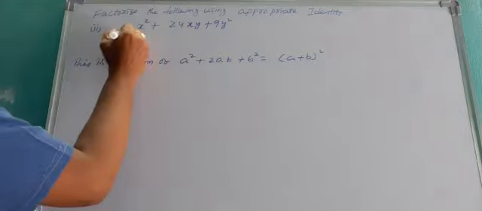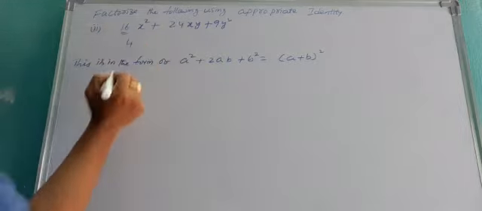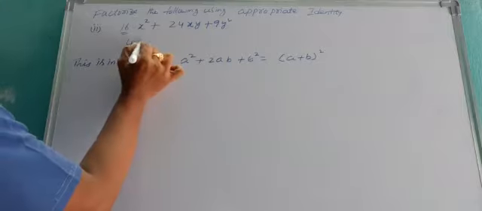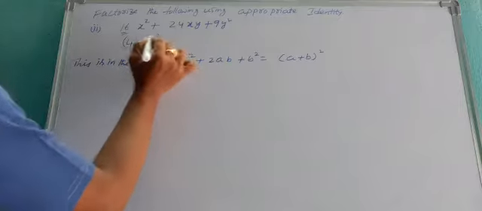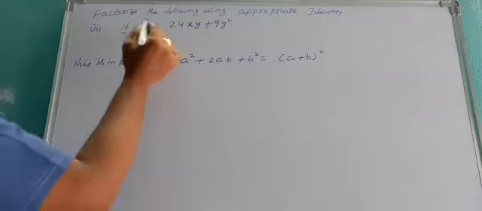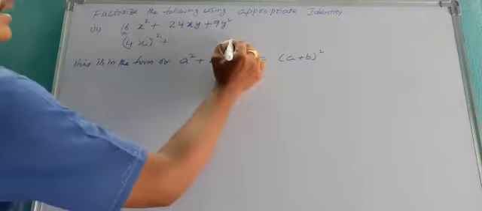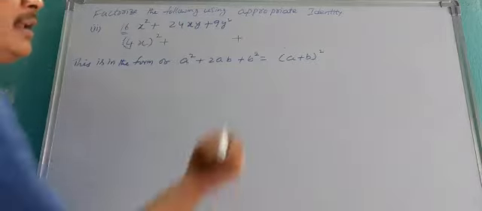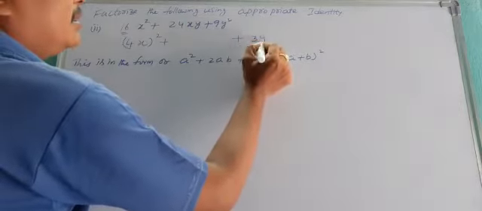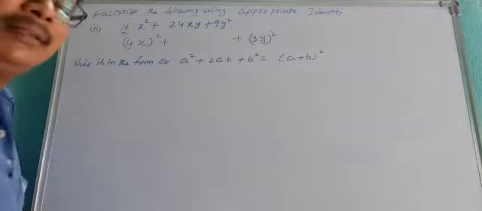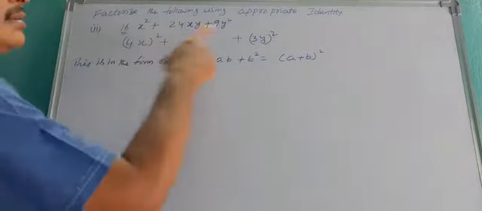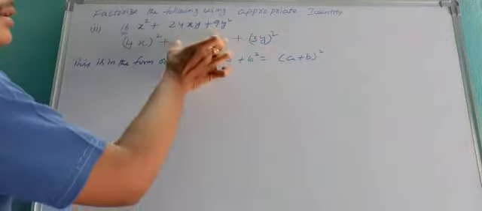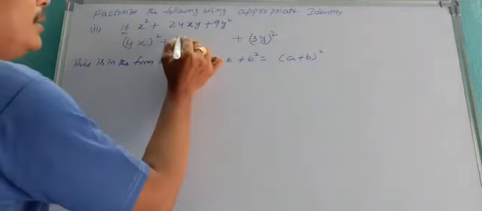So this is a perfect square. 4 square means 16, so 16x square can be written as (4x) whole square. And 9y square can be expressed as (3y) whole square, since 3 square is 9y square. Middle one, 2ab, where a is 4x and b is 3y.